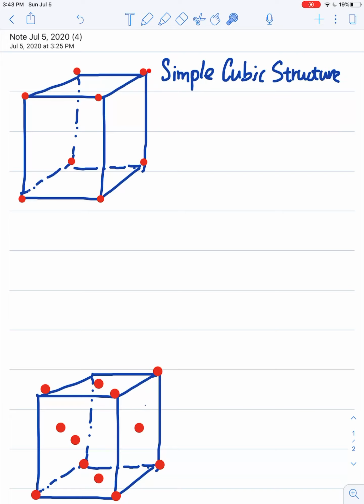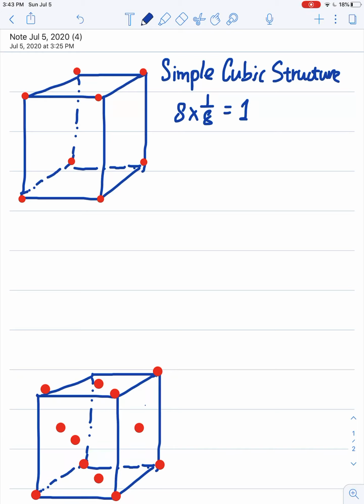As we learned previously, at each corner the atom is shared with 8 other unit cells. Therefore, the total number of atoms in a simple cubic structure is 8 times 1/8. That is 1. We only have one atom inside of the unit cell.